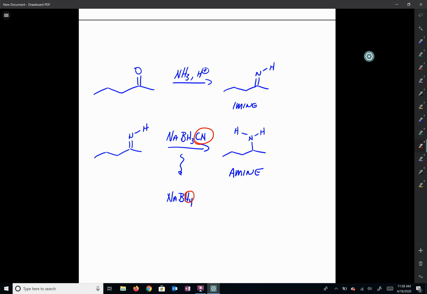So this is a very useful reagent for us to be able to turn a ketone directly into an amine. And we can combine this into a two-step process, so to speak. We can put those two together there. That's useful for us because we talked a lot about how to generate a ketone, how to oxidize them, how to reduce them.